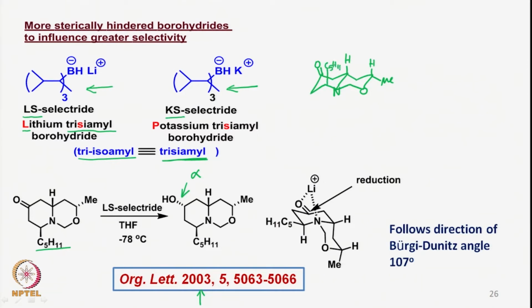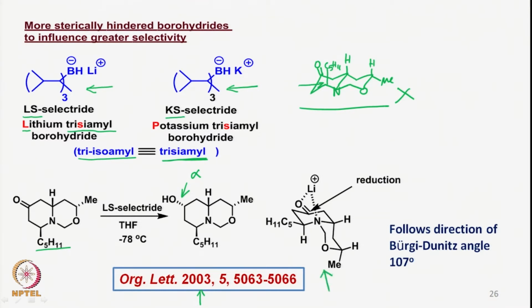Now it is very clear that this particular conformation is not a preferred conformation because the bulky C5H11 is axial. Therefore we would imagine that this particular conformation is preferable.